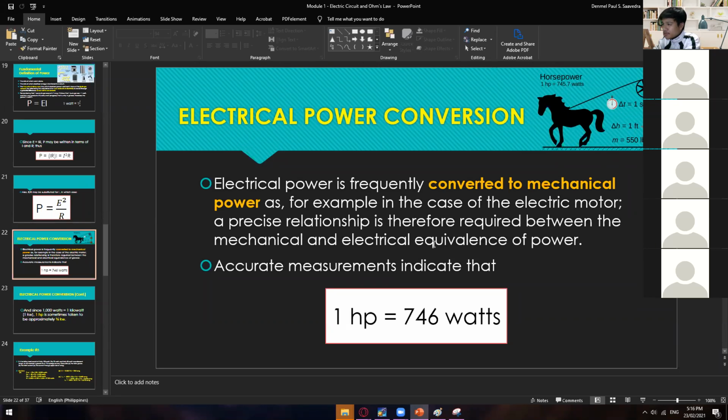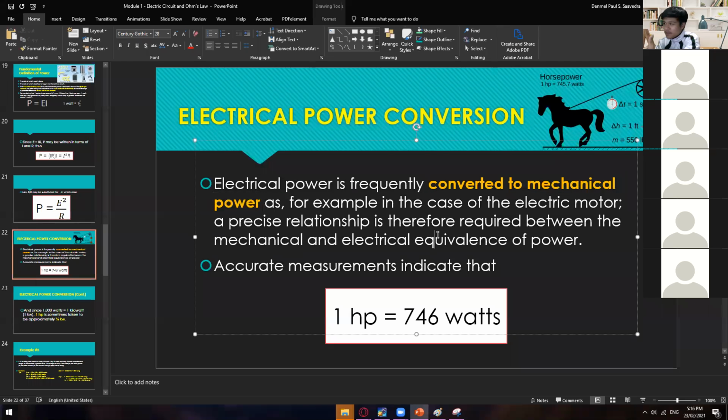As long as you know the fundamentals, the basic formulas, then you're good to go. So we have here the electrical power conversion. Again, as I mentioned a while ago, 1 HP is equal to 746 watts. Electrical power is frequently converted to mechanical power, especially nowadays. We are no longer relying on manual labor or manual force, so we let mechanical devices lift things for us.